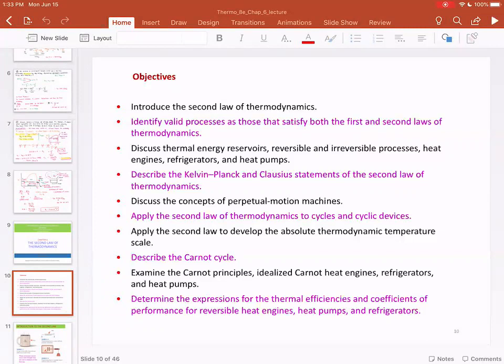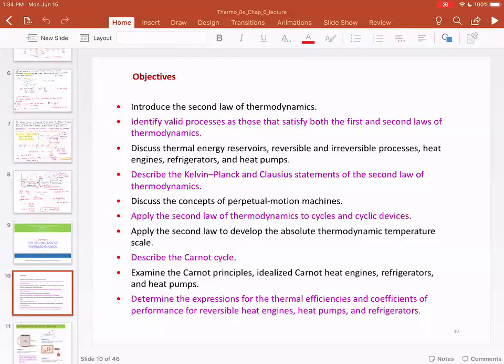Very simply, it says you cannot have a heat engine with 100% efficiency. You can't have a heat engine that will take all the heat possible and convert everything into work. The heat engine has to reject some heat.